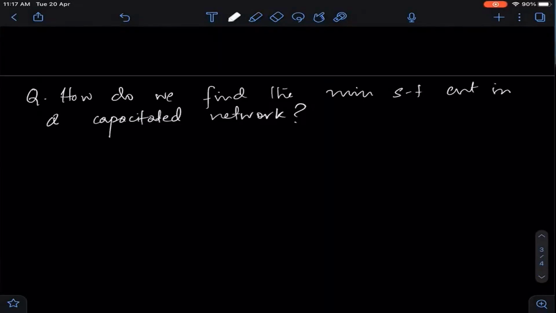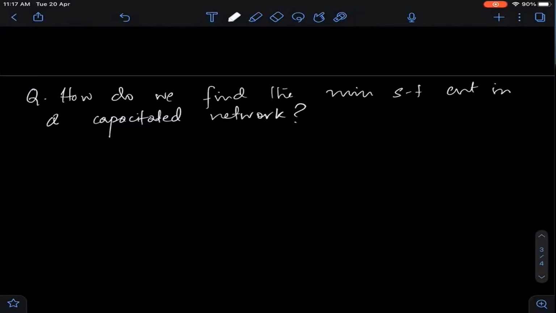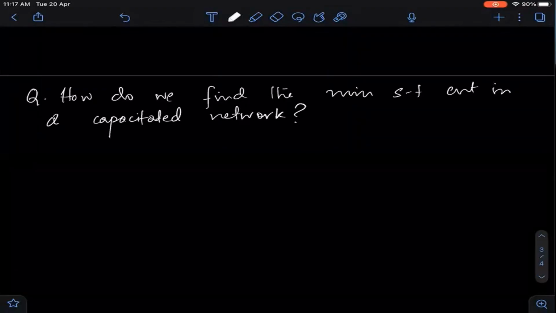We can run Ford-Fulkerson, but how do I find the min cut? Nobody has read the proof? If you read the proof of correctness of FF, then this should have been clear.